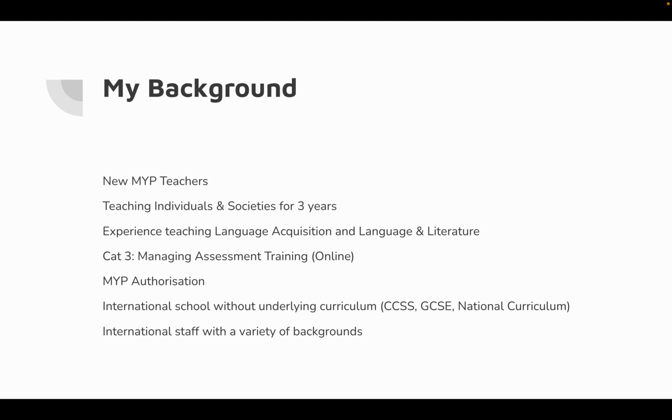They might prefer a curriculum that's more spelled out, such as Common Core or GCSE, that dictate what exactly the content and skills students should learn across each grade level. The IB framework isn't that detailed at the MYP level, so some teachers are more resistant, whereas others like me, who at the time were still fairly new in the profession, were able to accept it more readily.